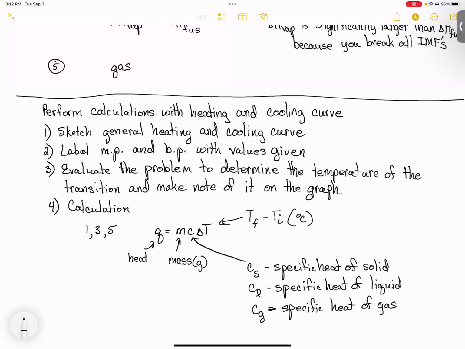But you do have to understand that there is a specific heat for each state of matter. And that specific heat is related to how much energy must be added to start to eliminate intermolecular forces.